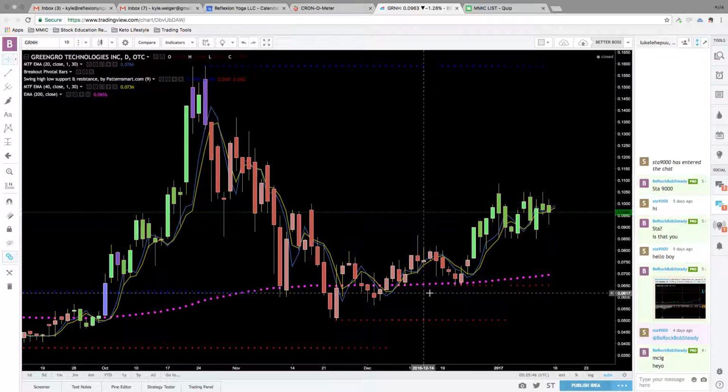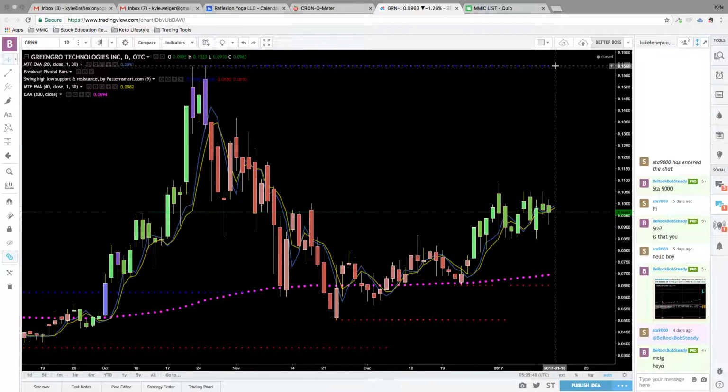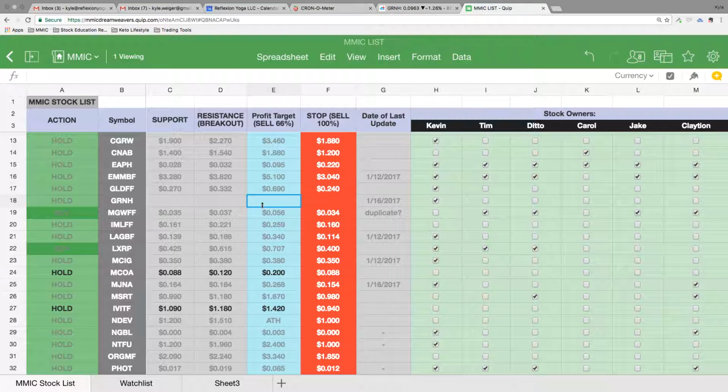Three big numbers that we all want to know. So if I come over to the blue, 15.9, very simply, I click back on my MMIC list in Quip, 0.159. And by the way, for this demonstration, I'll have to hop between the screens because I can only screen record one screen at a time. So 15.9 is where we want to start watching if we're going to take some profits.